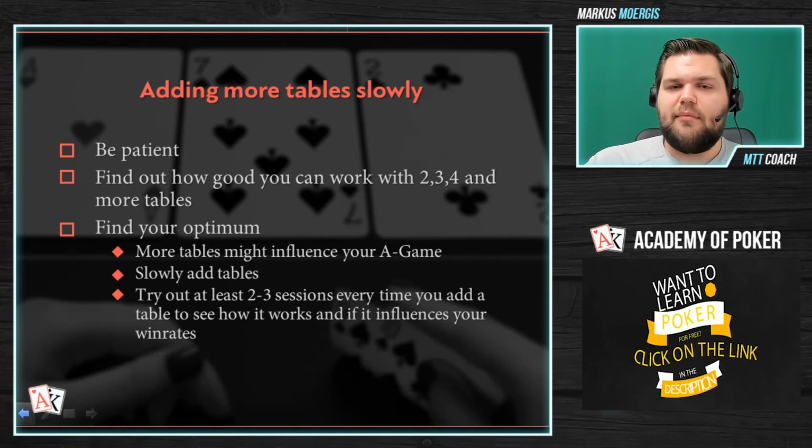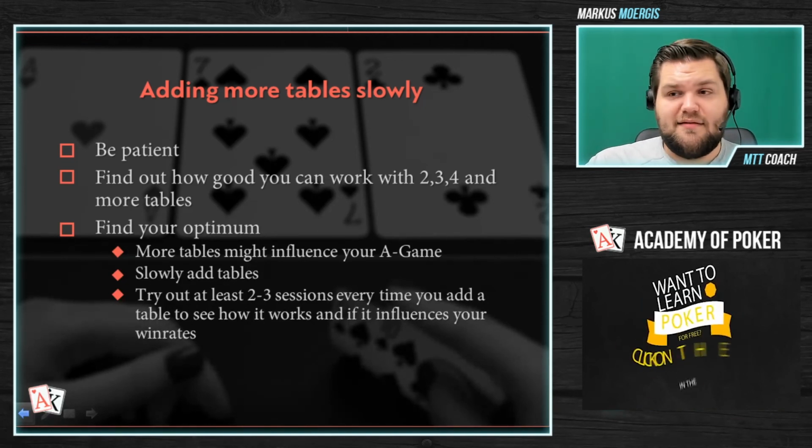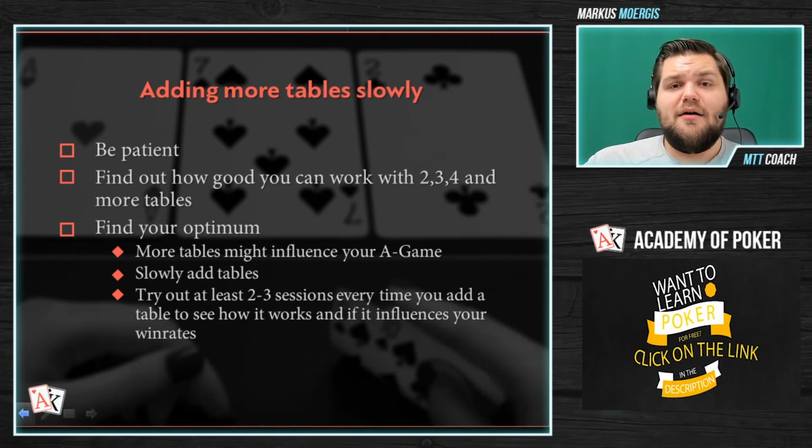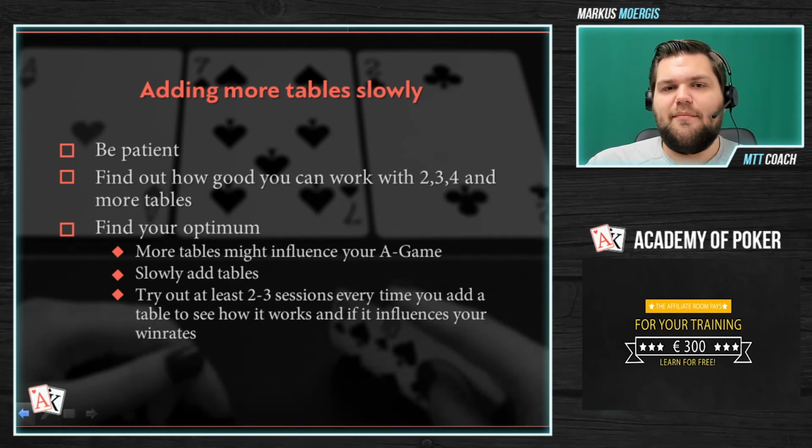And if you have some problems, go back, maybe see, okay, I was happy with 3 tables. Four is a bit much for me. Or you see, oh, I can easily handle 8 tables. Let's try 10 or let's try 12 tables and see if it changes in any way how I play. And I think in that way you can just find out what's the best for you.